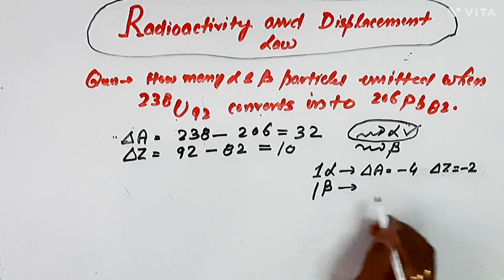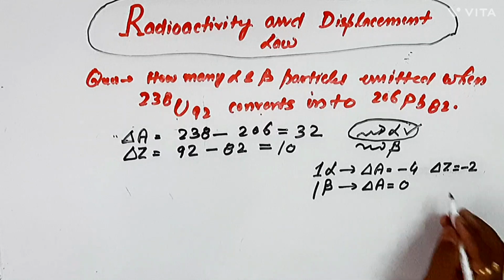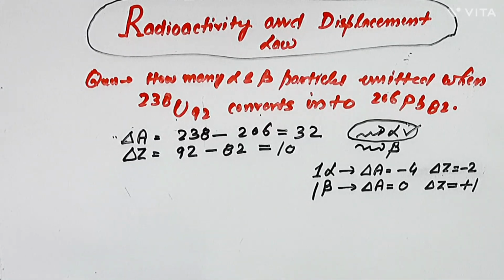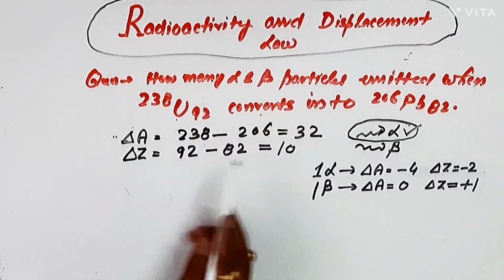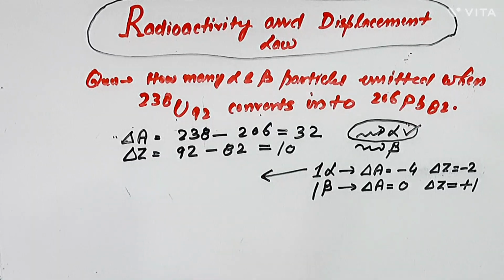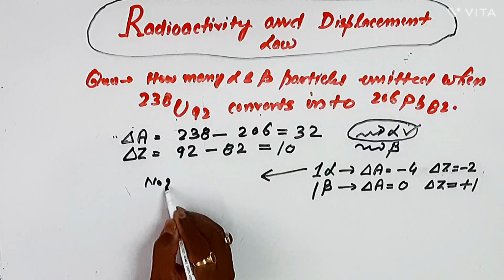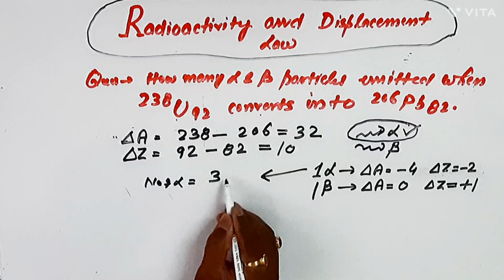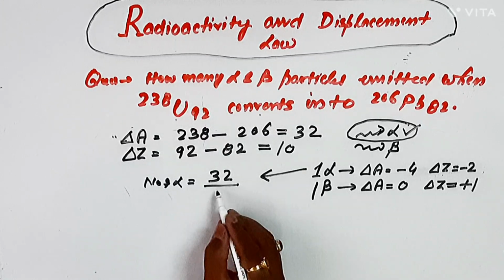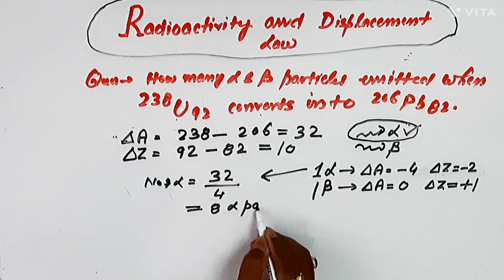One beta particle doesn't change mass number and it increases atomic number by 1. So when delta A is 32, we can easily find how many alpha particles would have been emitted. The net change is 32, and in one alpha emission there is a change of 4, so just divide by 4: 8 alpha particles will be emitted.